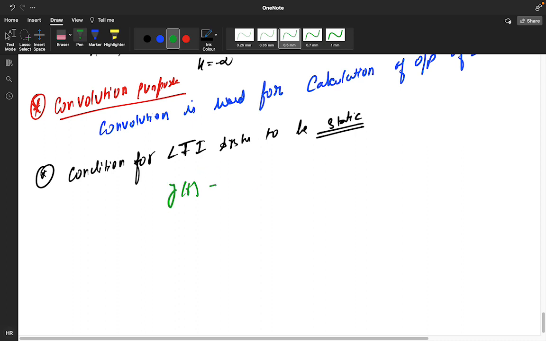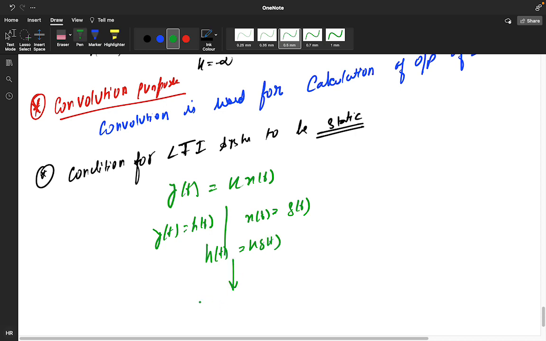So y of t equals kx of t, and if you are taking y of t equals h of t, then your x of t you are assuming is delta t. Okay, so h of t is coming k delta t. And if you are finding h of omega, it will come k.